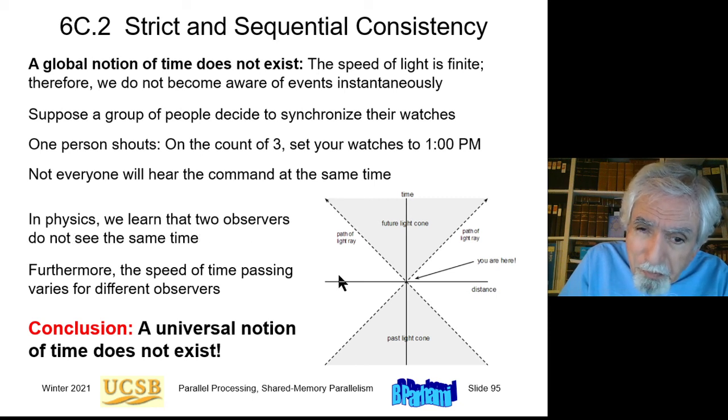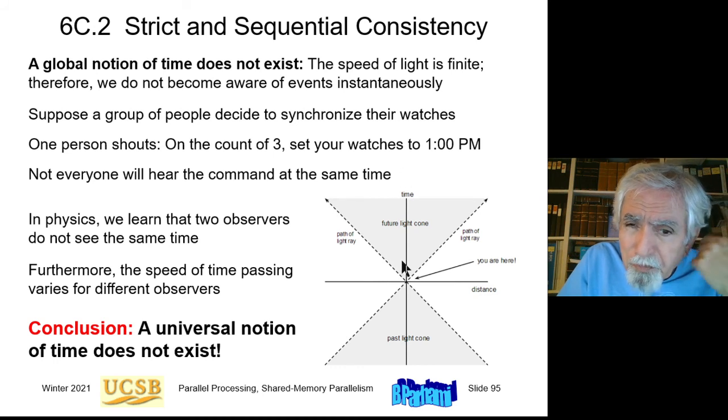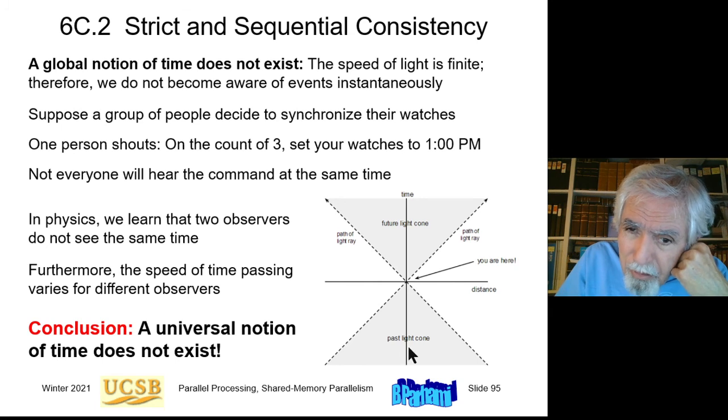and that information cannot get to us faster than the speed of light. So if this is the current point, the present point, horizontal axis is space, vertical axis is time. So let's say time is measured in years and distance in light years. So these 45-degree lines basically say the part of space in the future that is observable to us, and the part of space in the past that is observable to us.